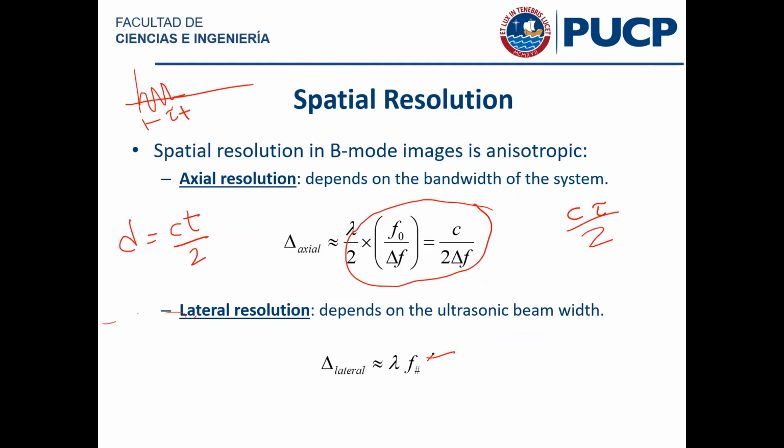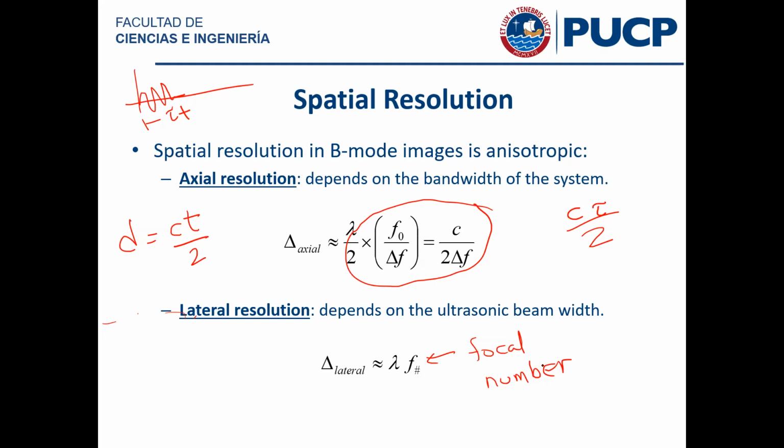We will see later on what the focal number is. So it's the focal number multiplying the wavelength. So both the axial resolution and the lateral resolution in principle are some multiples of the ultrasonic wavelength.